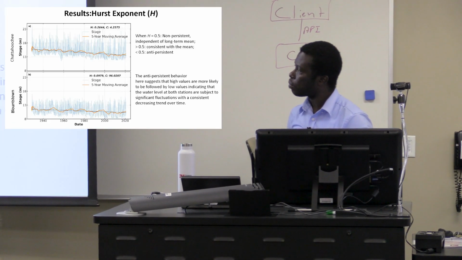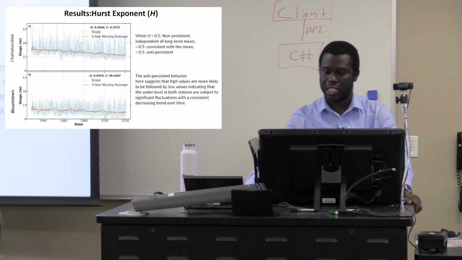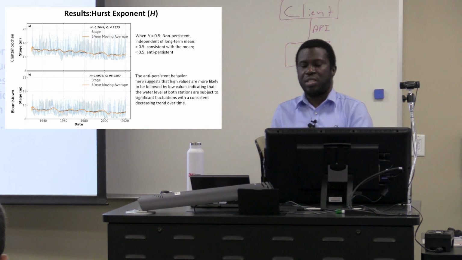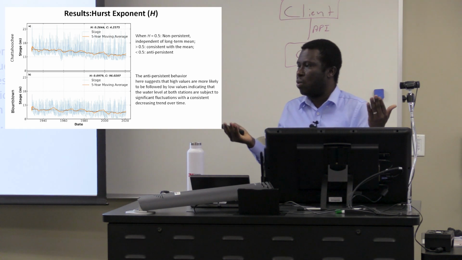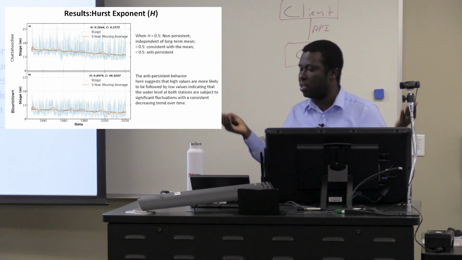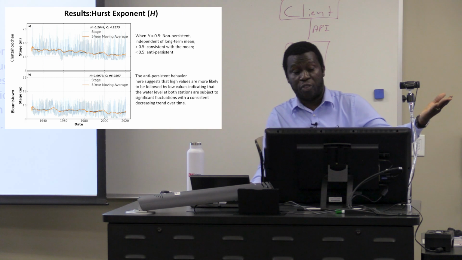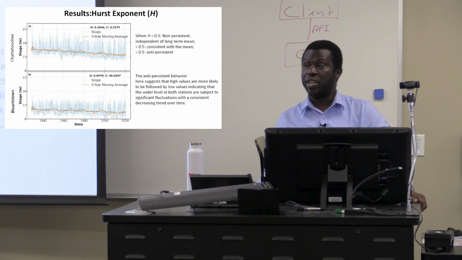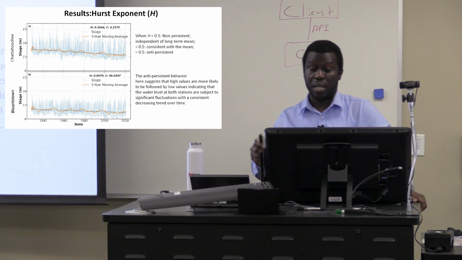Now, when we are talking about the Hurst exponent, when you say 0.5, you say it is non-persistent. That means the trend doesn't depend on the mean. If it is greater than 0.5, you say it's consistent with the mean. That means it depends on the mean. But if it is less than 0.5, it is anti-persistent.